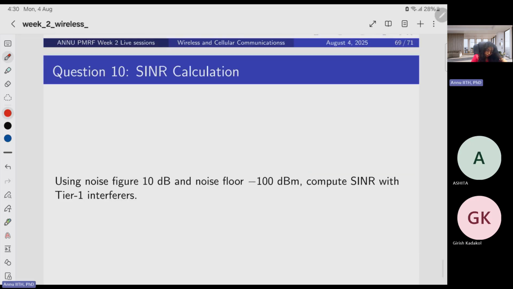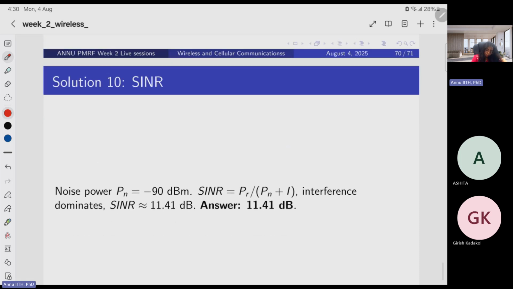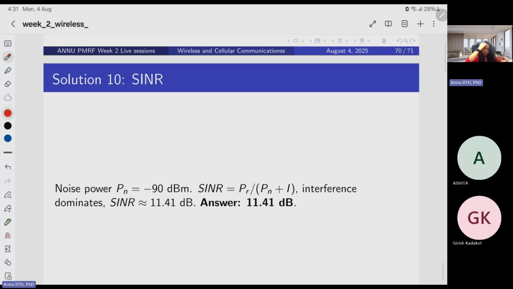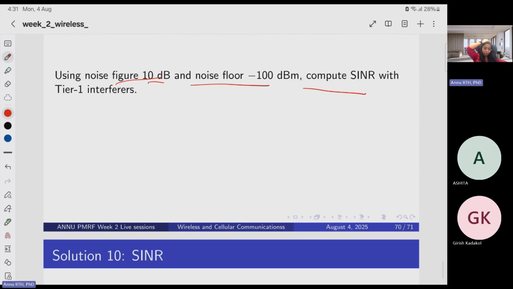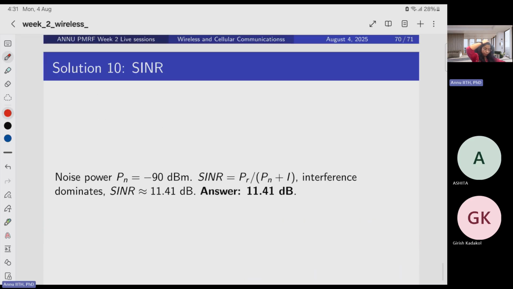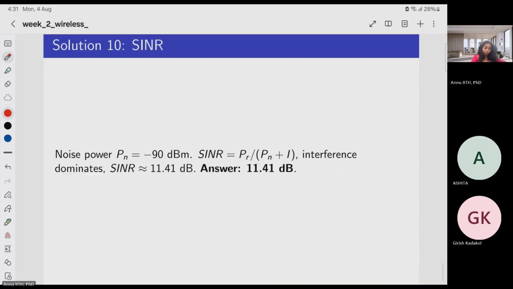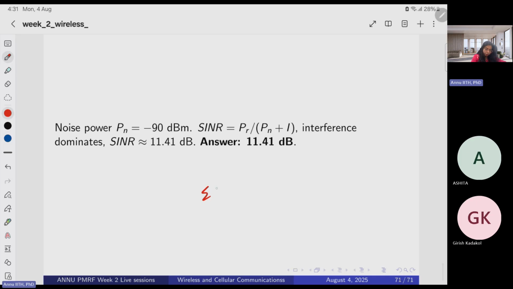Suppose we have a noise figure of 10 dB and a noise floor of minus 100 dB, compared to SINR. With tier 1 interference, it is the simple formula PR divided by PN plus I. PN is equal to minus 90 dB. I is nothing but the tier 1 interference. Again, the question is empty, but we have to calculate the summation of I, where it is I1 plus I2 plus I3 or something like that.